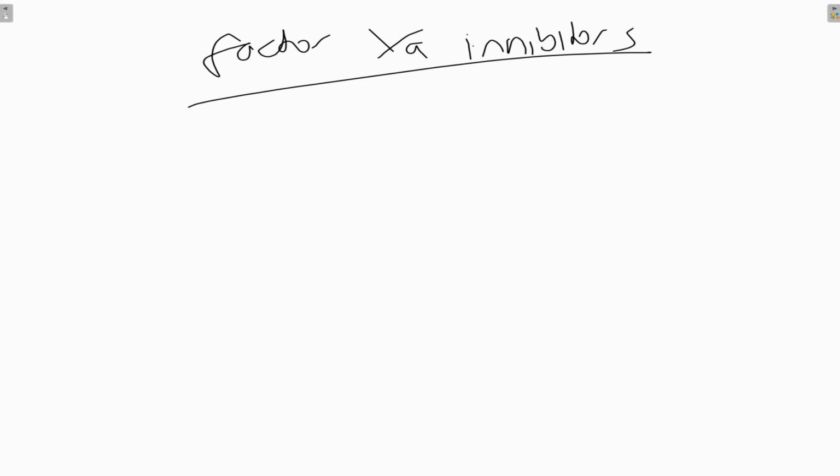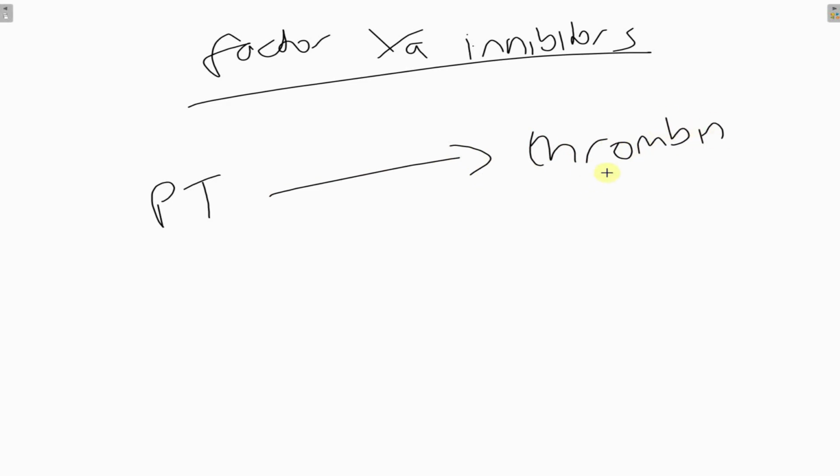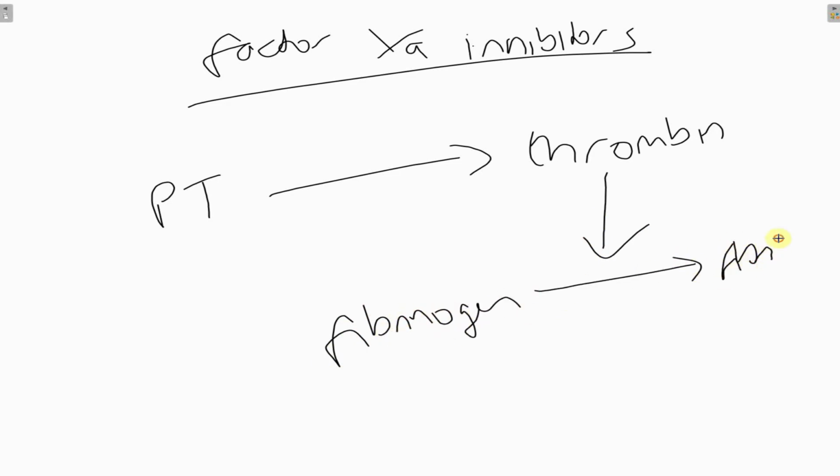Now, if we zoom in, because we won't go over the whole coagulation cascade, we'll zoom in on a specific part that's relevant to this. So normally you have what's called prothrombin, and that's converted into thrombin. And thrombin catalyzes the conversion of fibrinogen to fibrin, which is a clot, a fully formed clot.